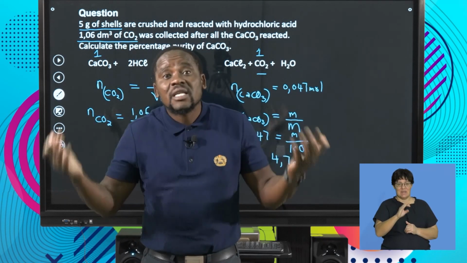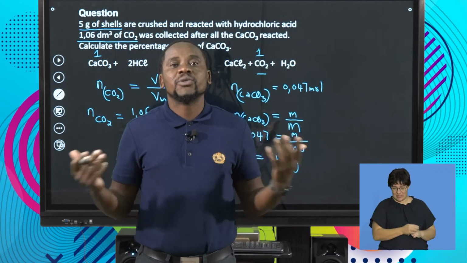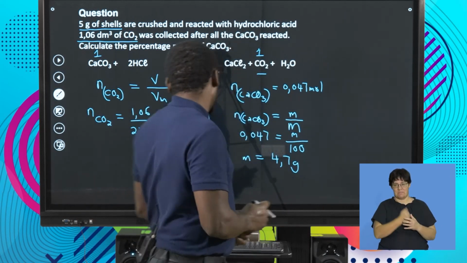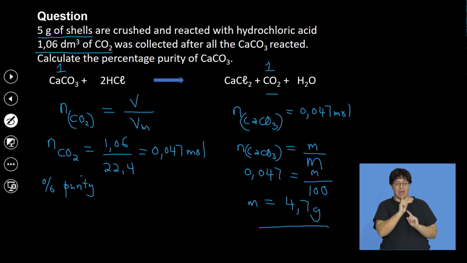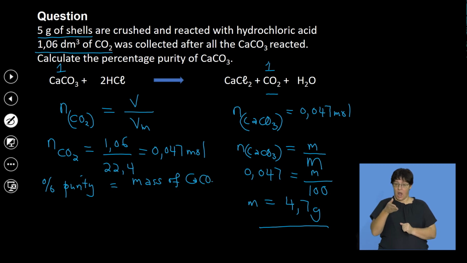So we can, in a way, get to a point where we are able to determine the percentage purity. So how do we move from this? This is the actual mass of calcium carbonate. Now, if we want to determine the percentage purity, that's the last part of our multi-step problem, it is equal to the mass of calcium carbonate in the sample divided by the total mass, multiplied by 100.